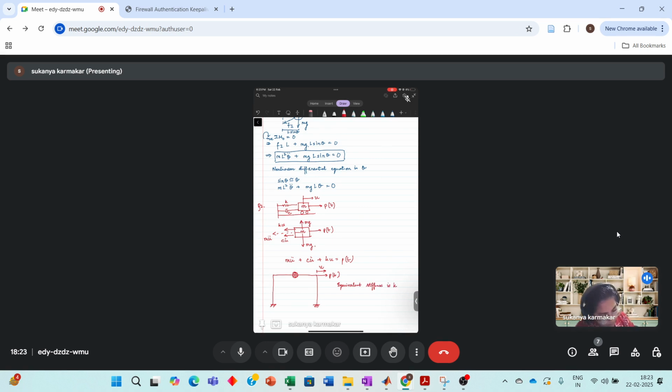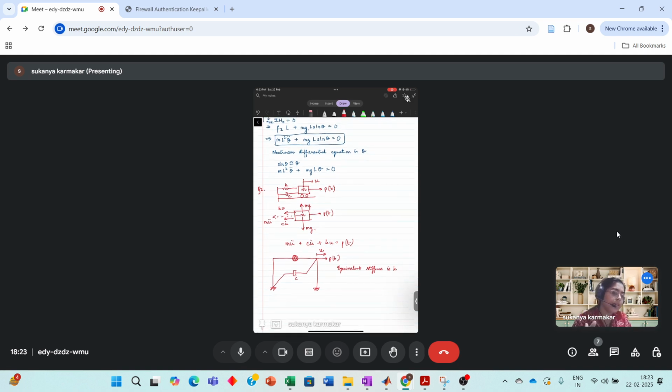And you also have a damper like this, and its coefficient is c. I want you to write the equation of motion for this single story frame.